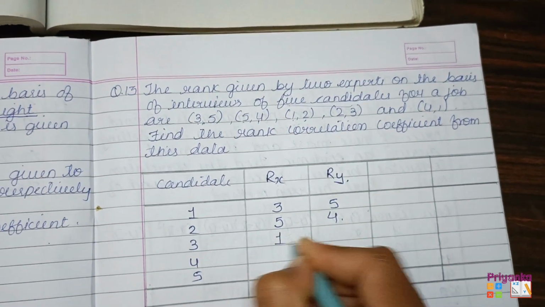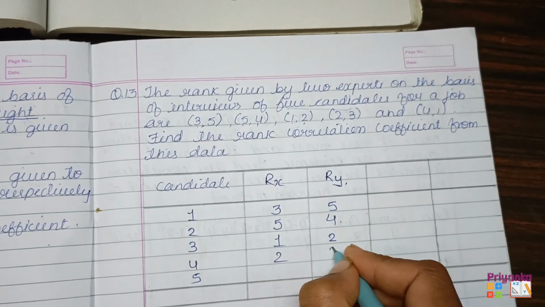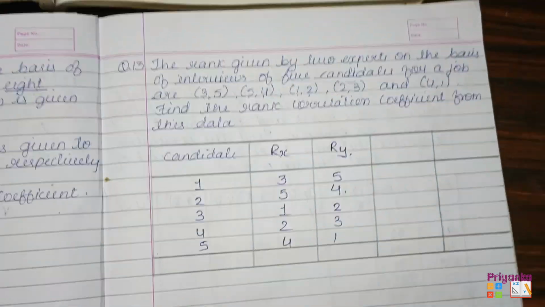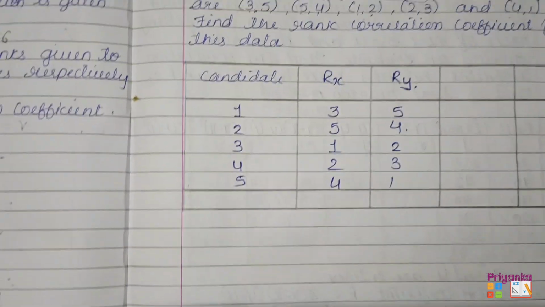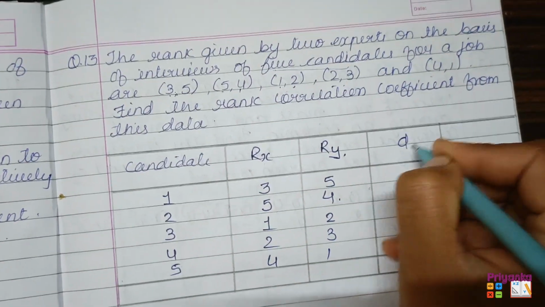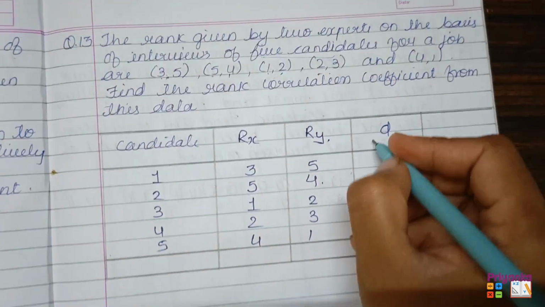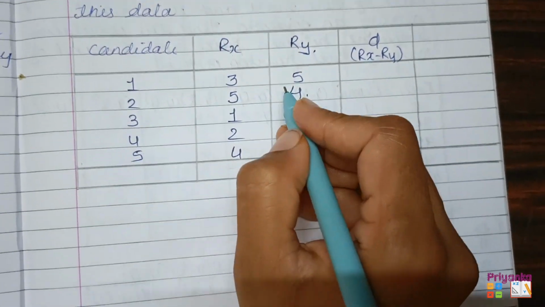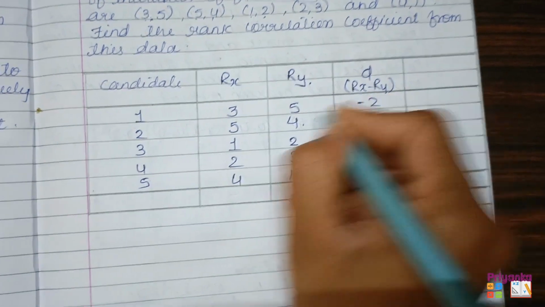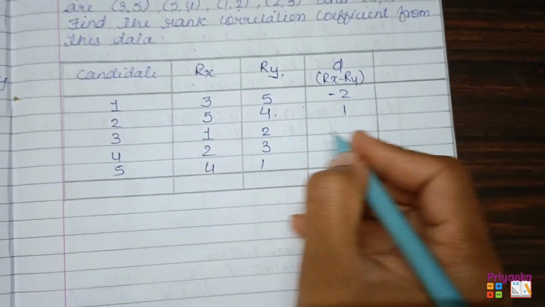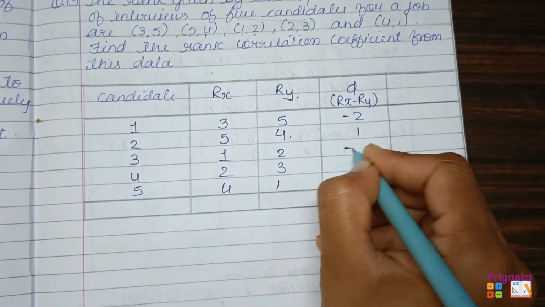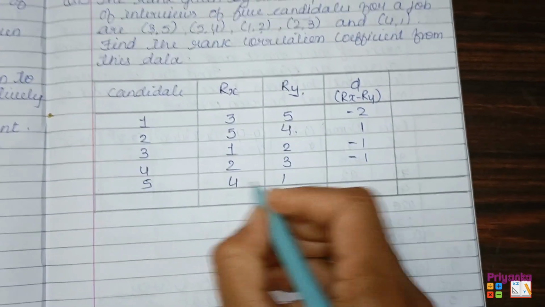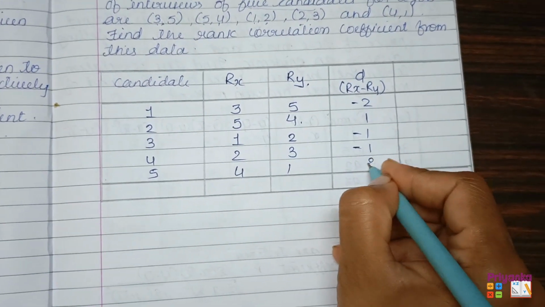1, 2, 2, 3, 4, 1. So here we have the ranks ready. Next column we find is D, that is Rx minus Ry. So 3 minus 5 we get minus 2, 5 minus 4 is 1, 1 minus 2 is minus 1, 2 minus 3 again minus 1, 4 minus 1 we get 3.